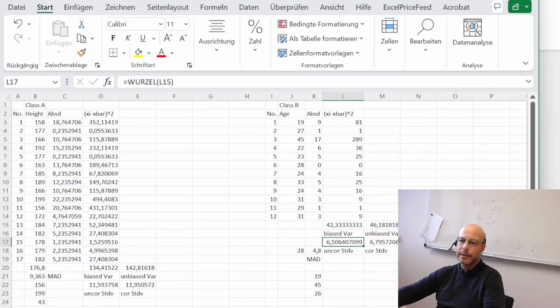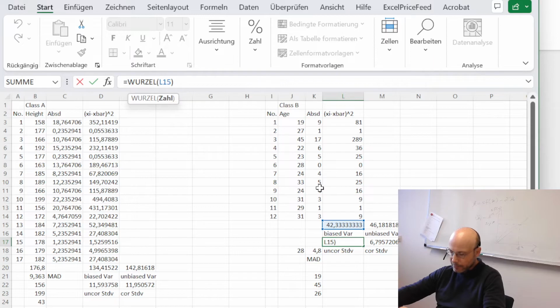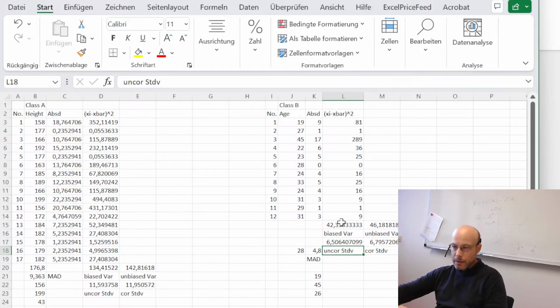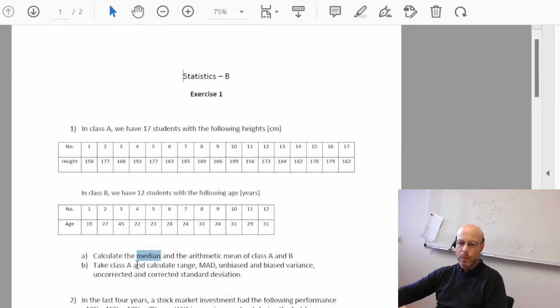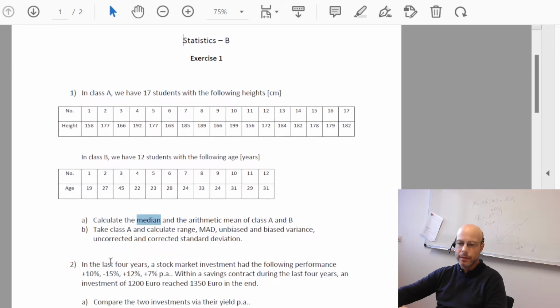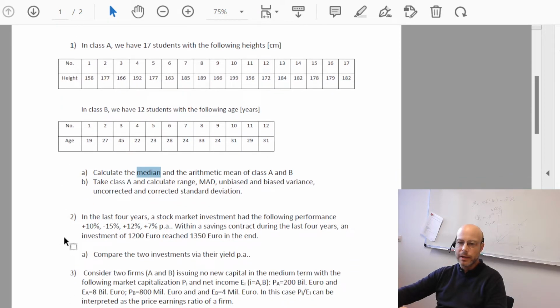Because if we click in here, this is just the root of L15, so it's the root of 42. Okay, I think this was 1b, and then we go to other means.